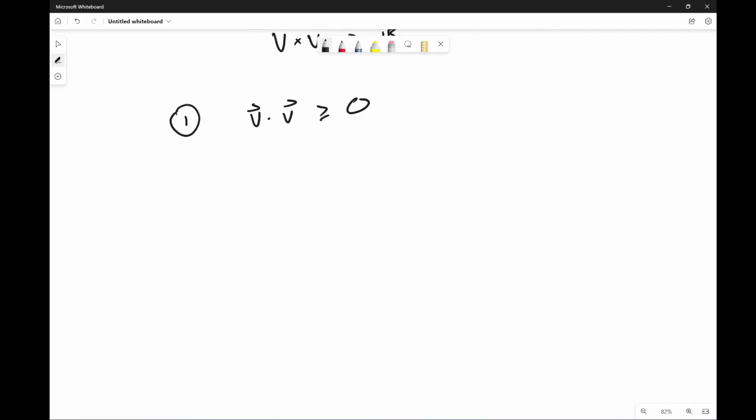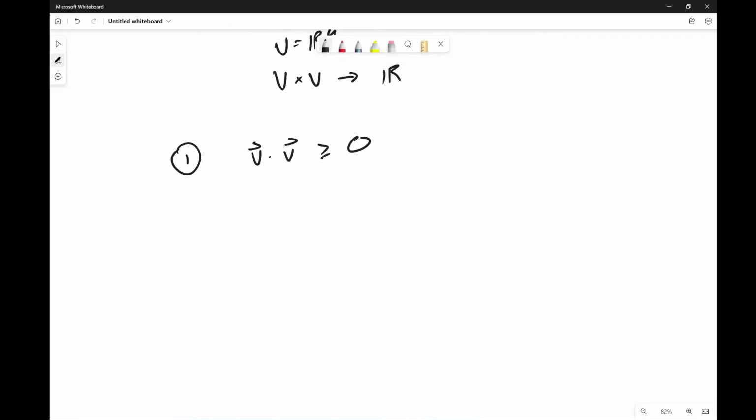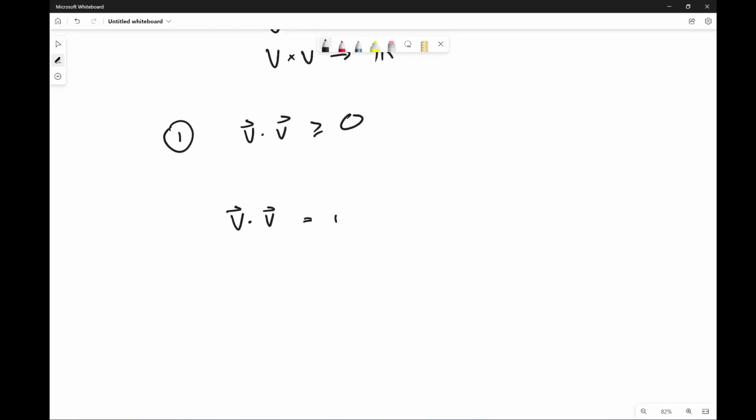Okay. So V times V. We know that if we want to dot V with itself, all we are essentially doing is V dot V is equal to V1 times V1 plus V2 times V2 all the way up to Vn times Vn.